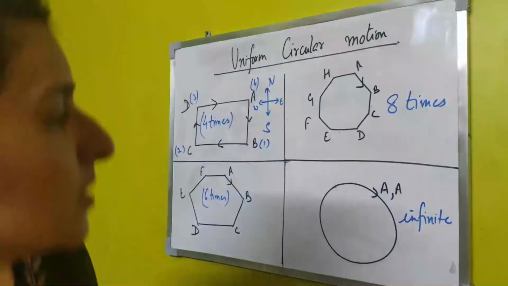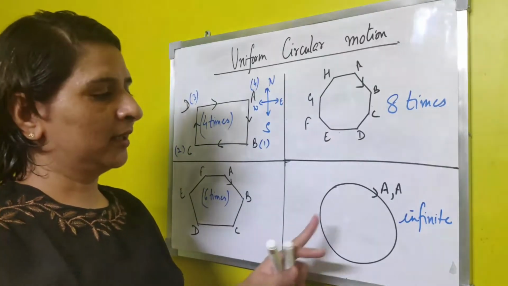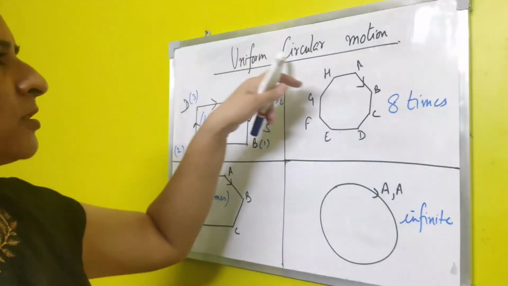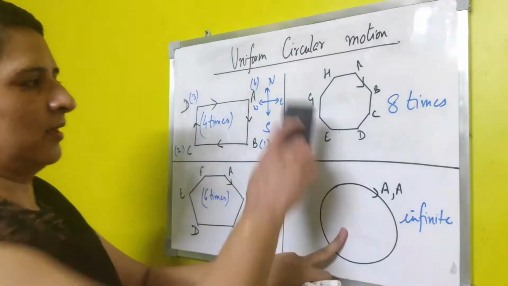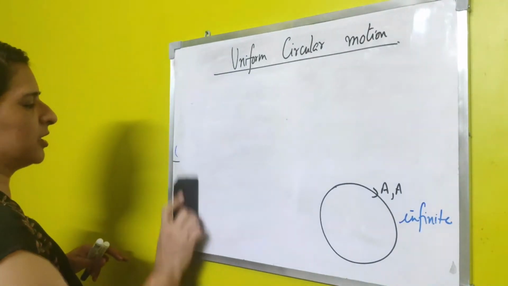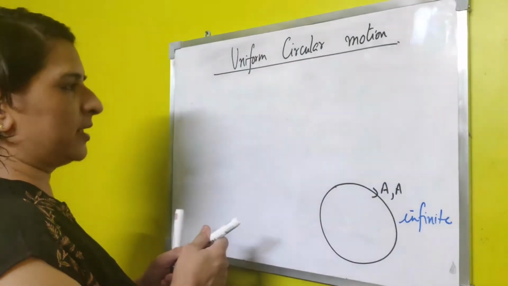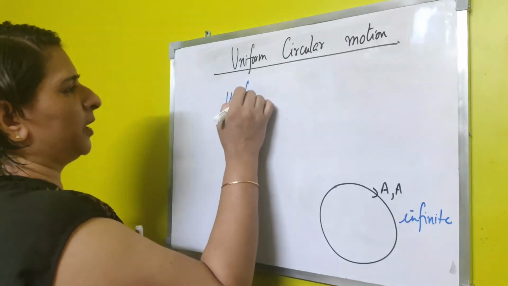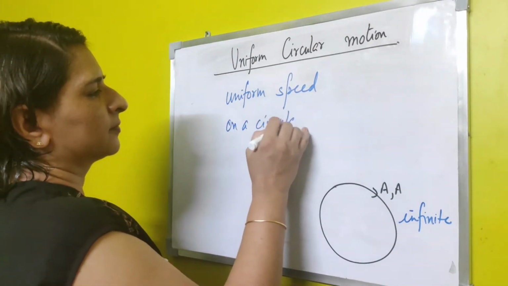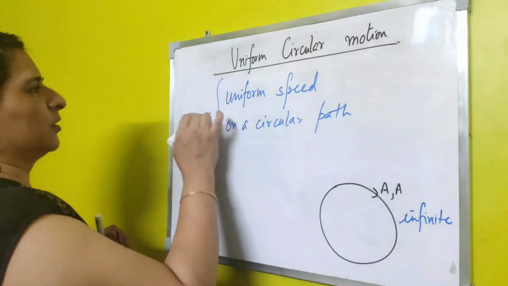Such a case where the object is taking a circular track with uniform speed is a case of uniform circular motion.